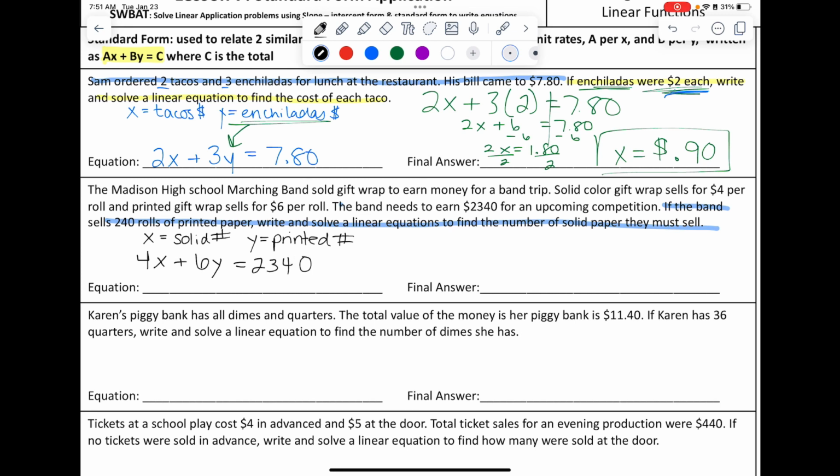And that would be our equation. From there, now we can answer the question: if the band sells 240 rolls of printed paper, which one is that? That is Y. So we're going to make sure we plug it in for Y.